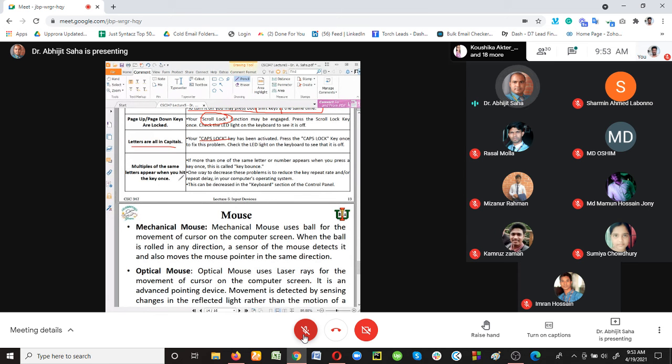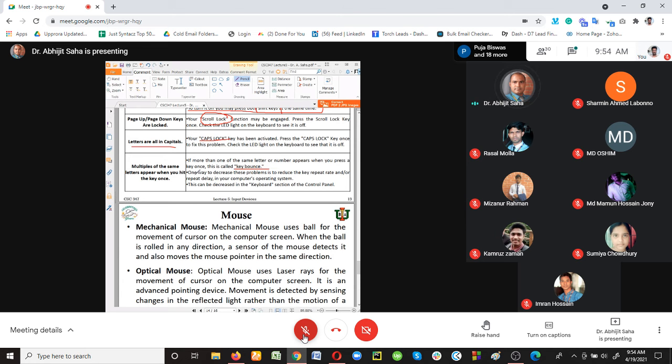And then you may have multiples of the same letter appear when you hit a key once. This happens if you have a problem with the keyboard. If more than one of the same letter or number appears when you press a key, this is called key bounce.